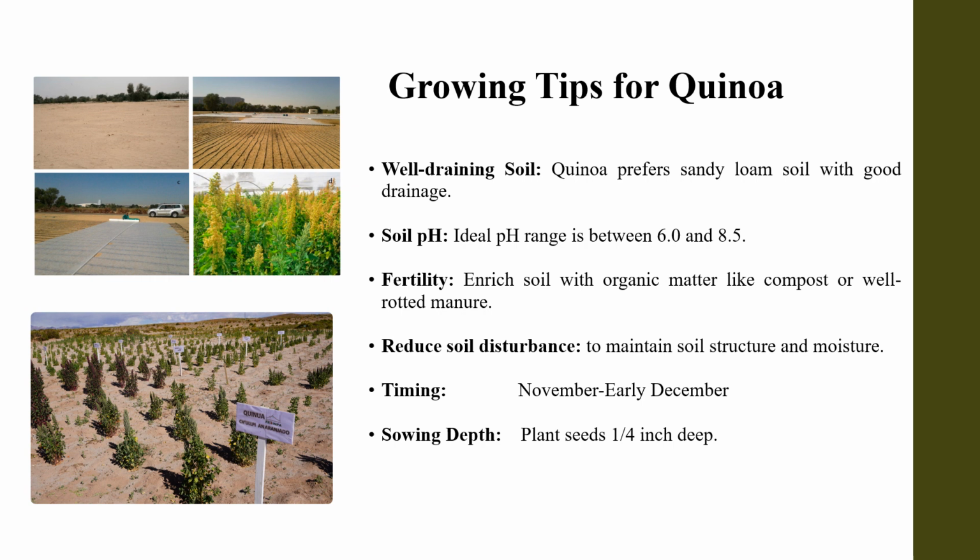Your soil should be fertile with compost and well rotted manure, etc. There should be the least soil disturbance. The time of quinoa cultivation is November to early December, and the depth of the seed should be 1 to 4 inches deep.